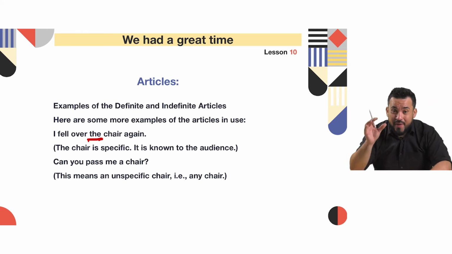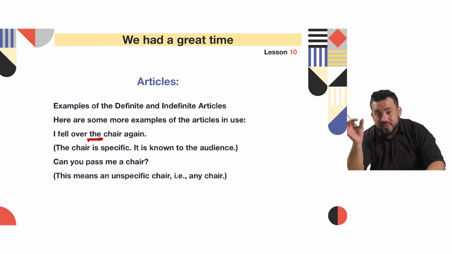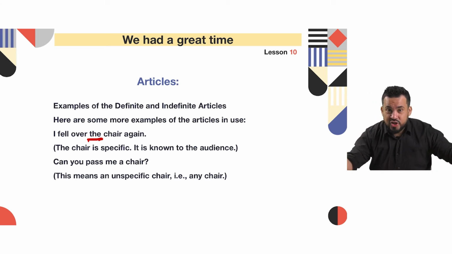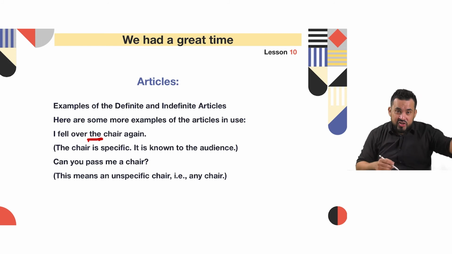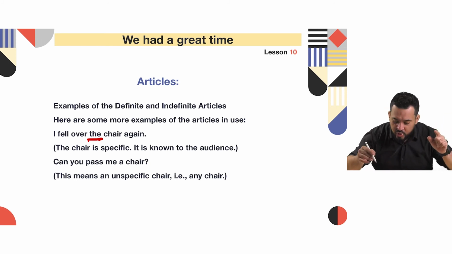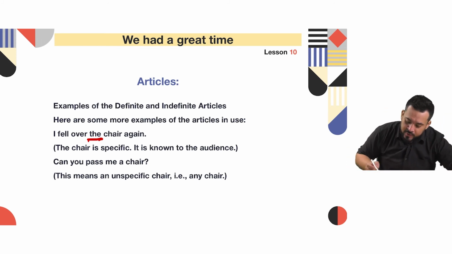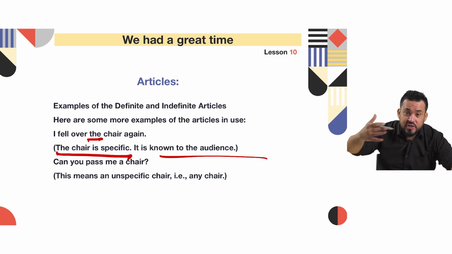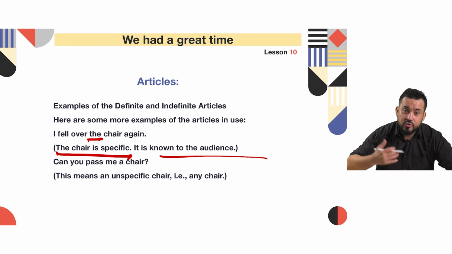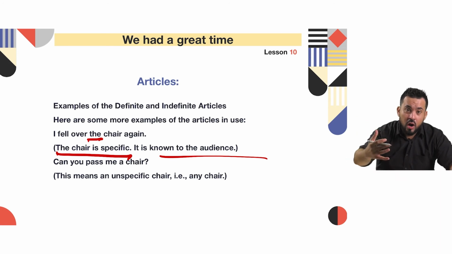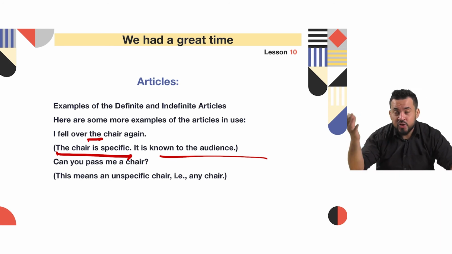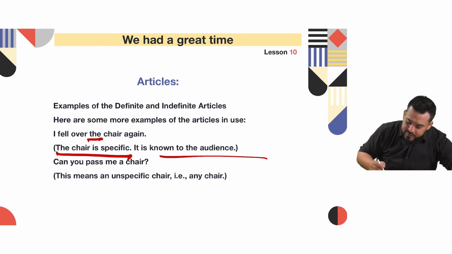We use the, that means we're talking about a specific chair, not just any chair, that chair, the chair. The chair is specific. It is known to the people we are talking to. The people you're talking to are called your audience. So the chair is known to your audience.